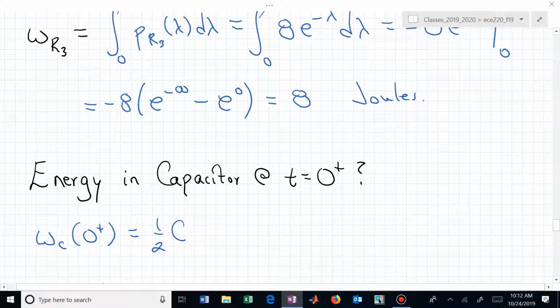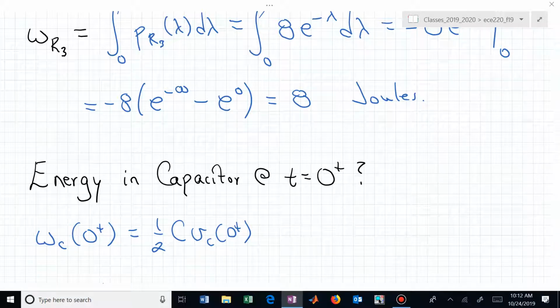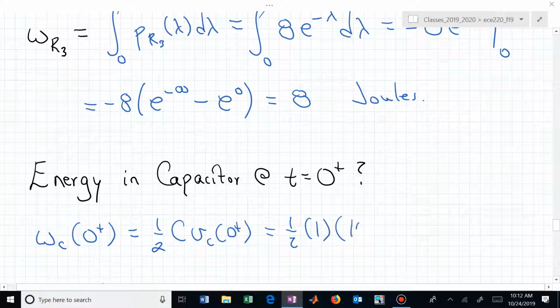It's one half C V sub C of 0 plus, squared. We have that information. We have the C, that was 1. We have the V sub C at 0 plus, that was 10, and we square it. We now need to divide 100 by 2.